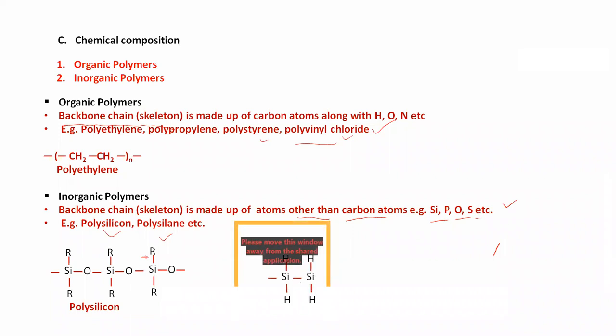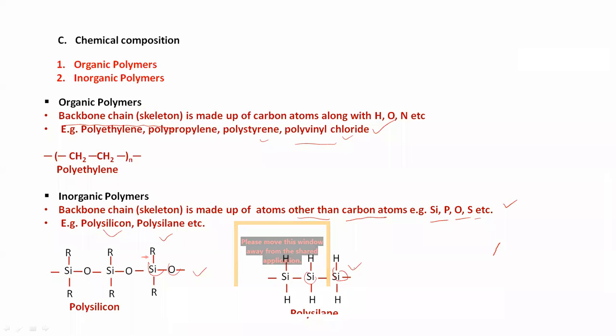This is one linkage, linked to another linkage, and so on up to n times. We don't know. If you look at the backbone, you will find silicon only, no carbon. Here also silicon and oxygen. So these are inorganic polymers.